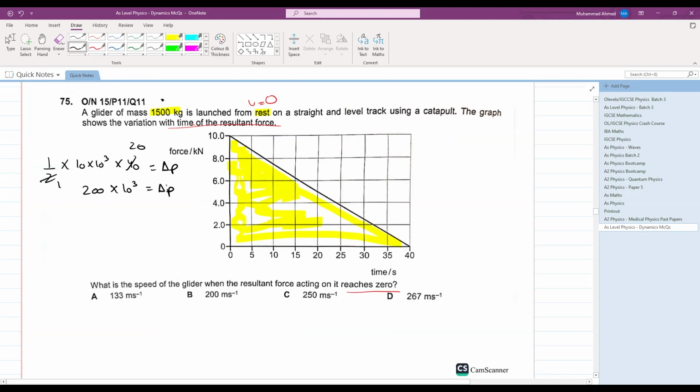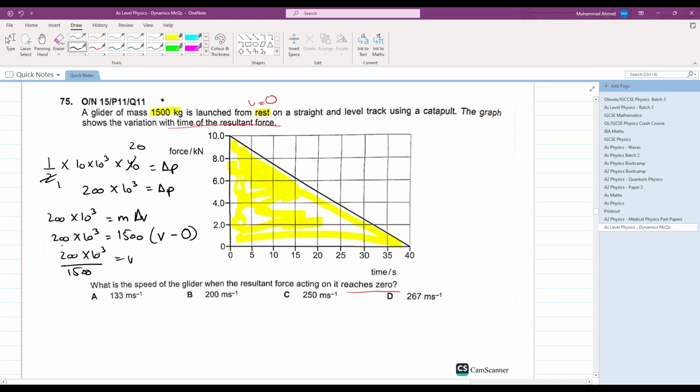Okay. Now you are starting from rest, so your initial velocity will be 0. How can you represent the change in momentum? Change in momentum is equal to mass into change in velocity. 200 into 10 raised to the power of 3. What is your mass? 1500. And your change in velocity is what? V minus 0. Your initial velocity is 0. 200 into 10 raised to the power of 3 divided by 1500 is your velocity.